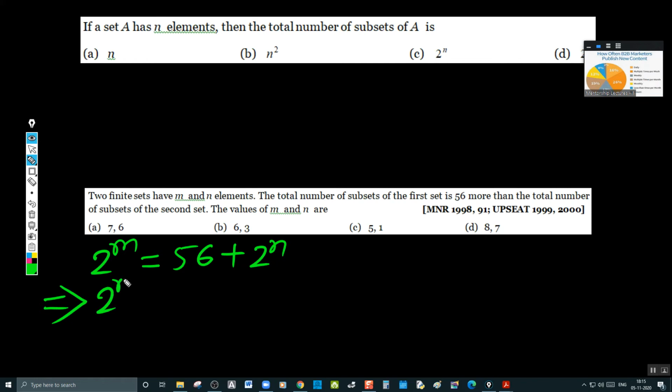If you want me to write the proof of it, these are simple steps I'll show you. 2 power m minus 2 power n is equal to 56. 56 is 8 sevens, that means I'm writing the prime factors.